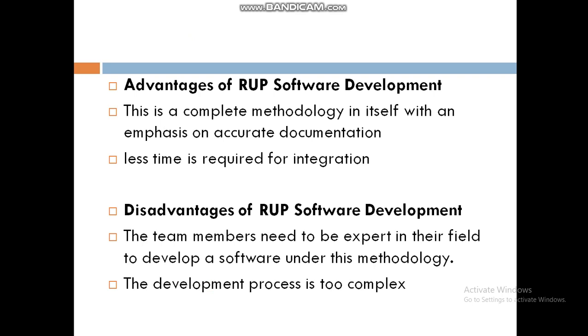Why is it a complex development process? Because every 2 phases are combinedly called a single phase, so each and every phase is linked with another phase. So the development process is too complex when compared to the remaining processes.